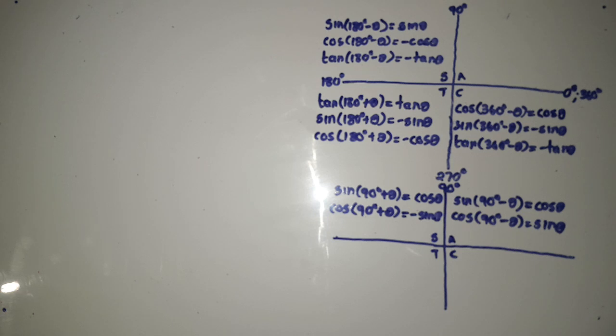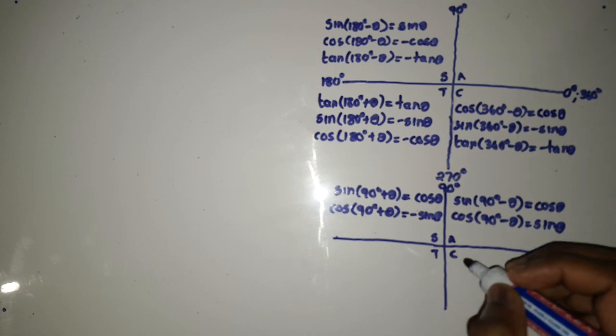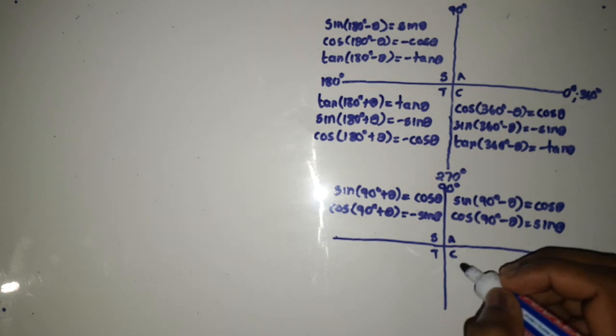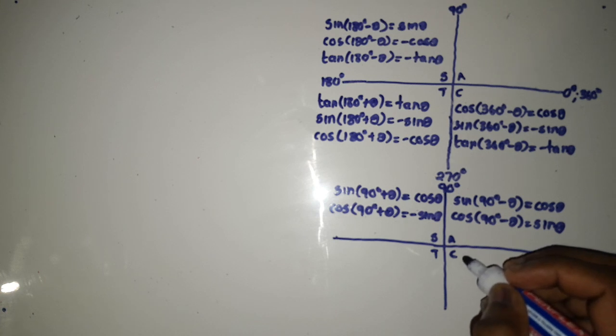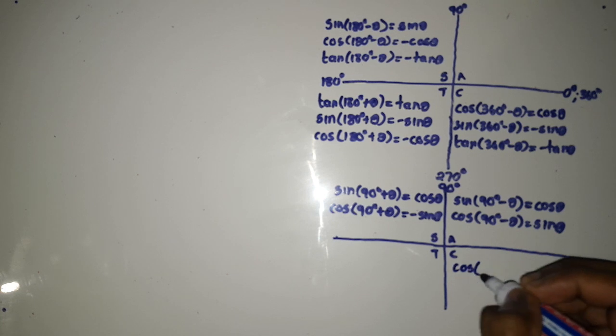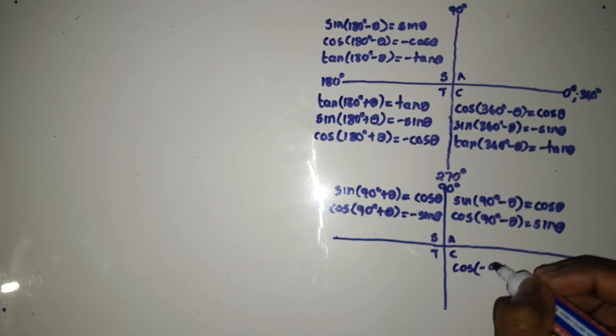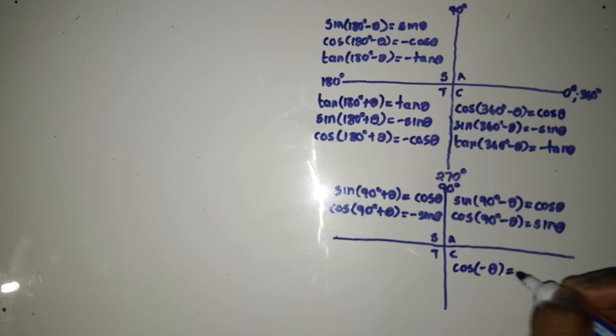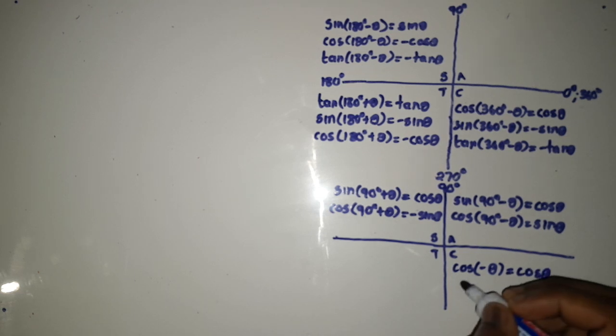Lastly, let me highlight some negative angles. As for negative angles, we find them in this quadrant, which is cos negative angle. Only cos is going to be positive.